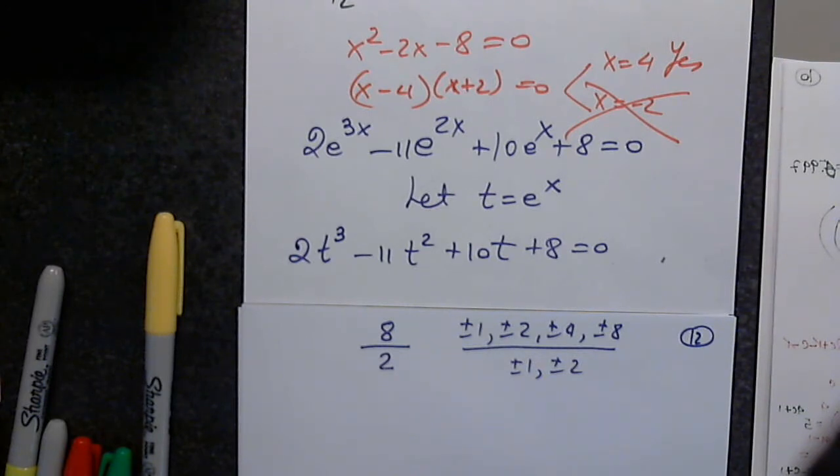Sorry about that. 2x to the third, minus 11x squared, and then plus 10x plus 8. Okay, so I go to second and table. Oh, yes, of course, I forgot. I have to change that again.